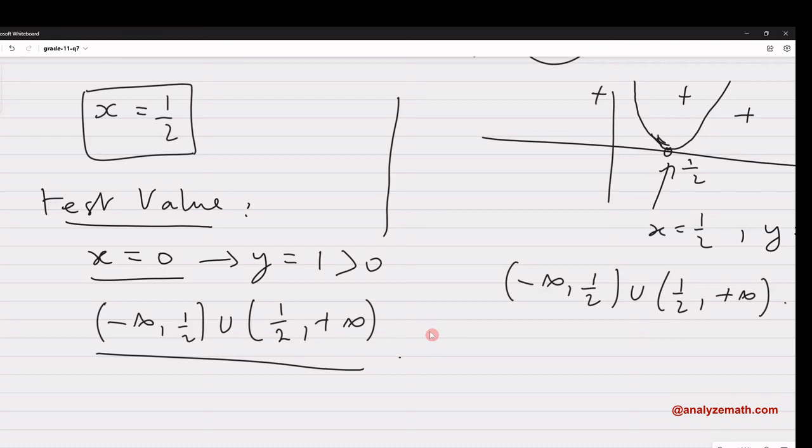So this method will take you through any kind of quadratic inequalities. Even if you cannot factor it, you just go and find your solutions and then set up the tables or the test values and then find the solutions.